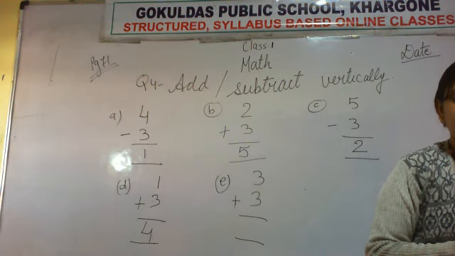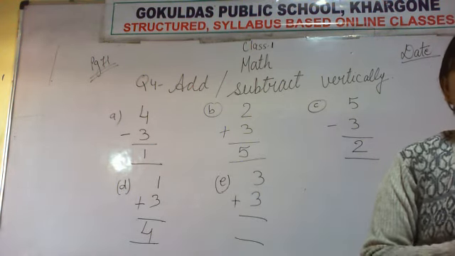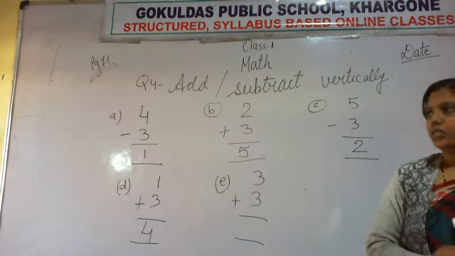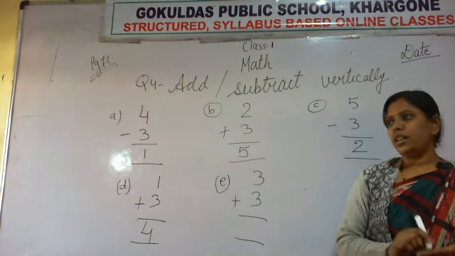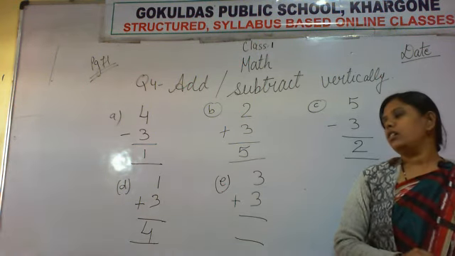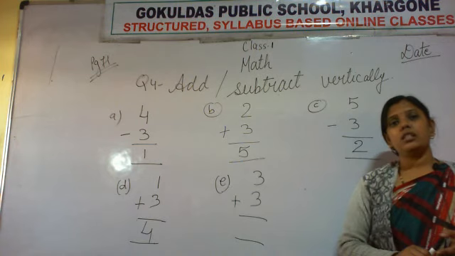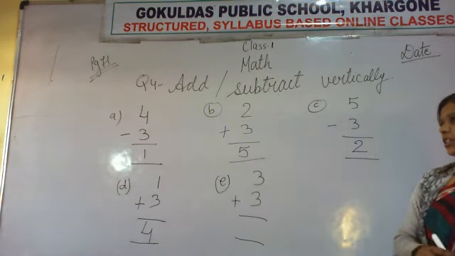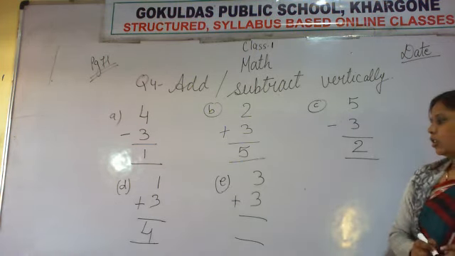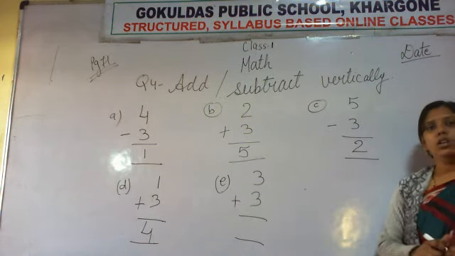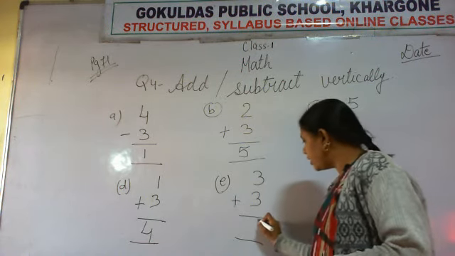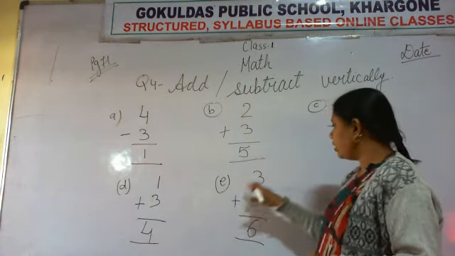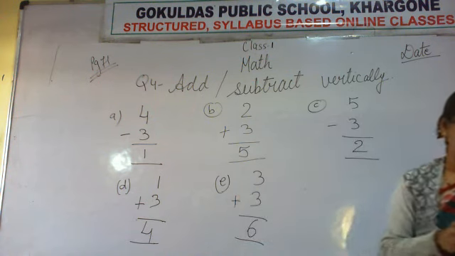Now take 3 more fingers. Now count all the fingers. 1, 2, 3, 4, 5 and 6. So total fingers are 6. So 3 plus 3 is 6. Write fast.